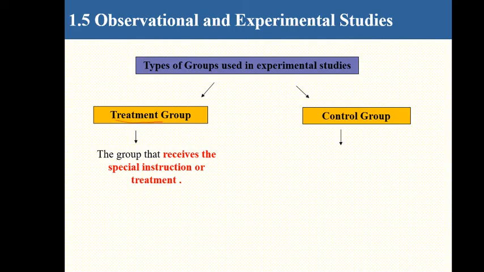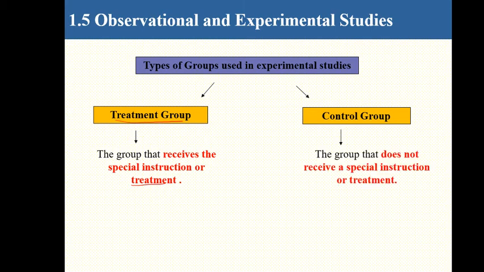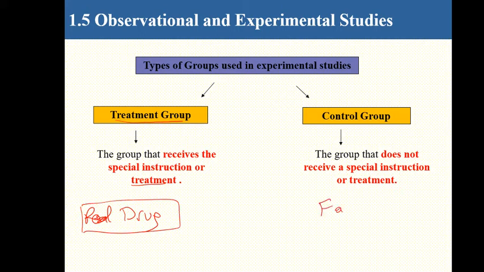The treatment group receives the treatment, and the control group doesn't receive the treatment or special instruction. You give the real drug to the treatment group to see how the patients are affected, and you give the fake drug to the control group.